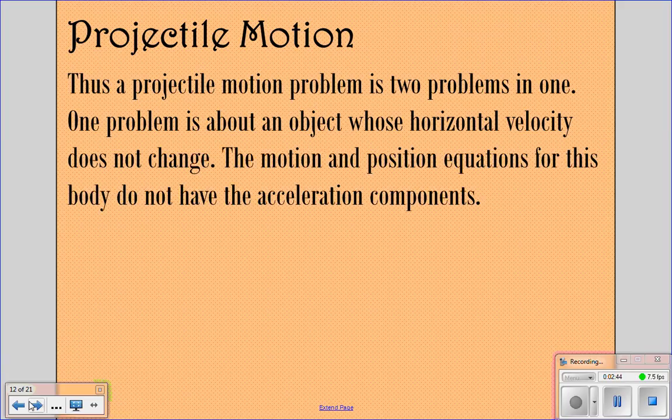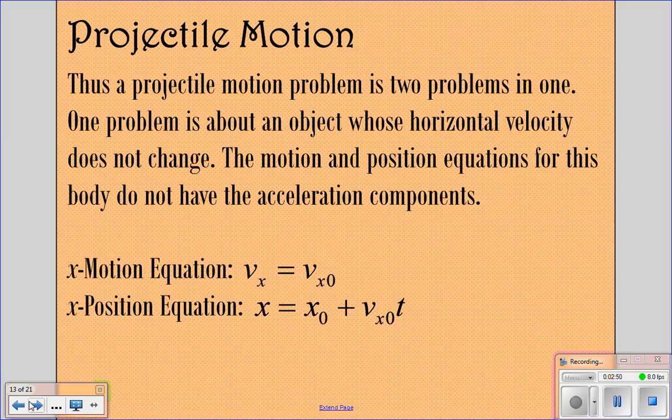The motion and position equations for this body do not have the acceleration components. So this is what your x motion equations and your x position equation will look like. You do not have the plus a sub x t, and you also do not have the 1/2 a sub x t squared. So both of those terms are gone.